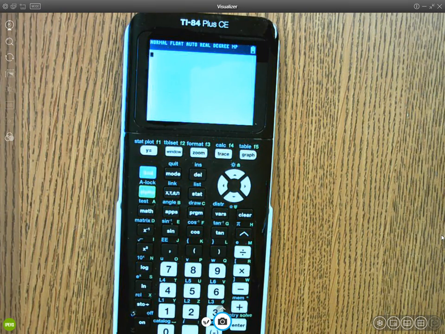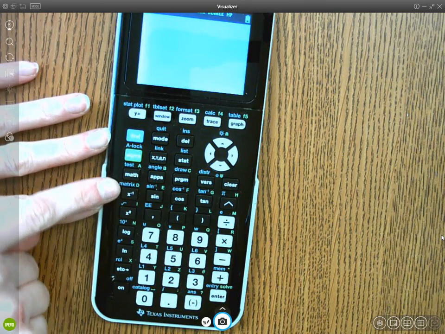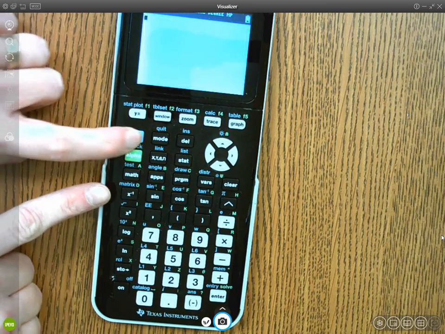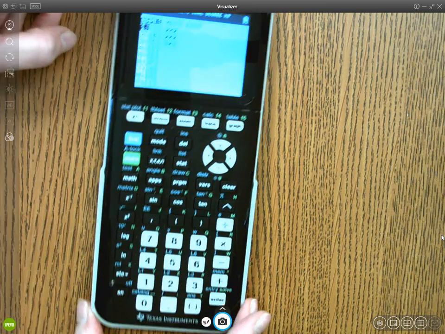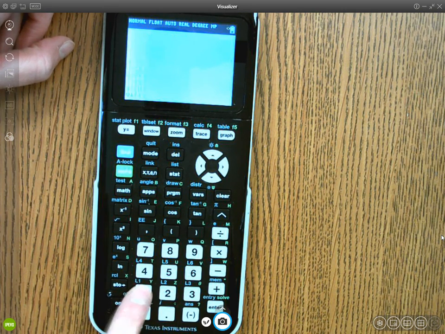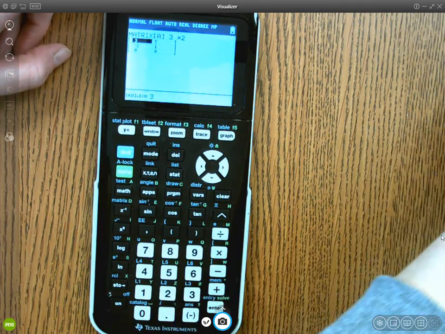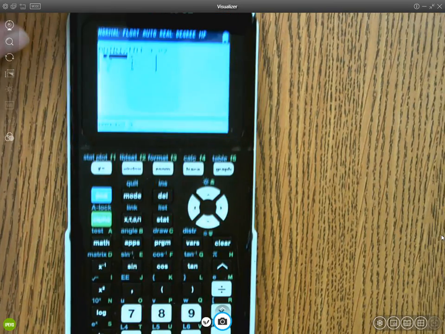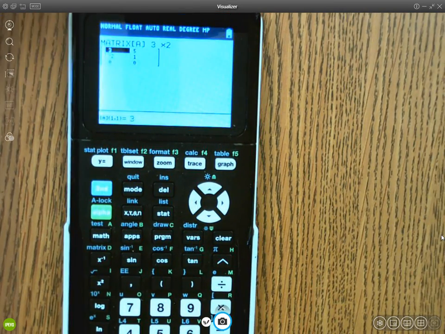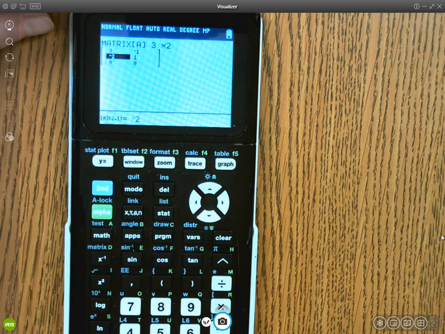Okay, so if we go back and we do A times B, if you go to right here it says matrix, so if you go second matrix, you have to go over to edit and then tell it you want matrix A. You have to tell it the matrix A is a 2 by 3.